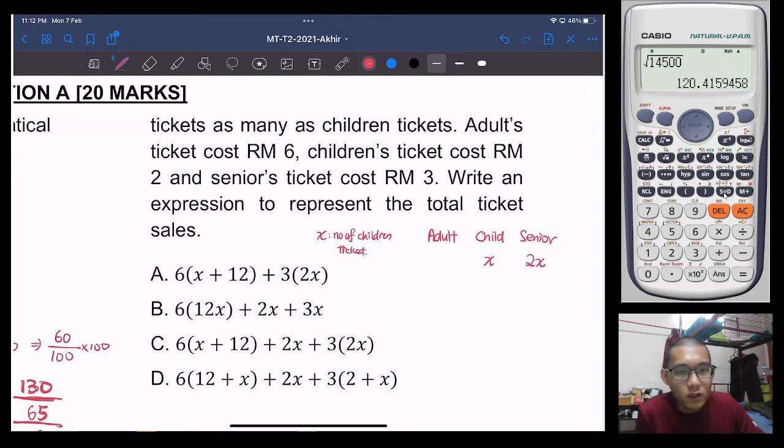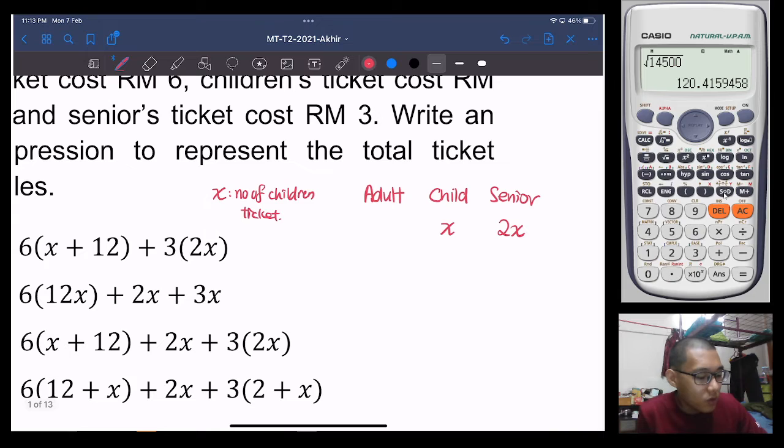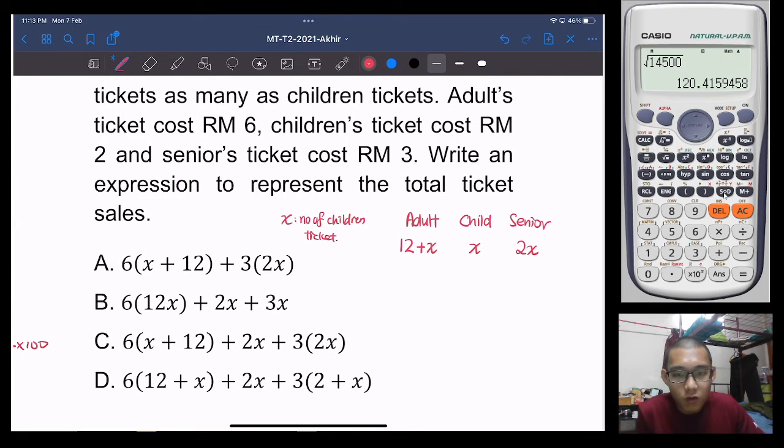So if you answer in section C, you can try to answer by defining what x is first. Adult, just now we have 12 more than children, right? So we put 12 plus x. Now we calculate the cost. Write an expression to represent the total ticket sales. We have adult ticket 6 ringgit, children ticket 2 ringgit, senior ticket 3 ringgit. So how do we find the answer?